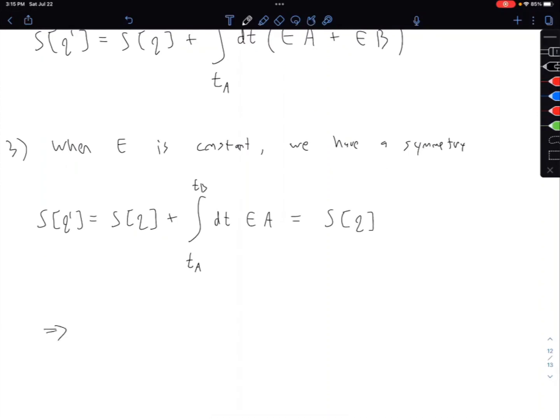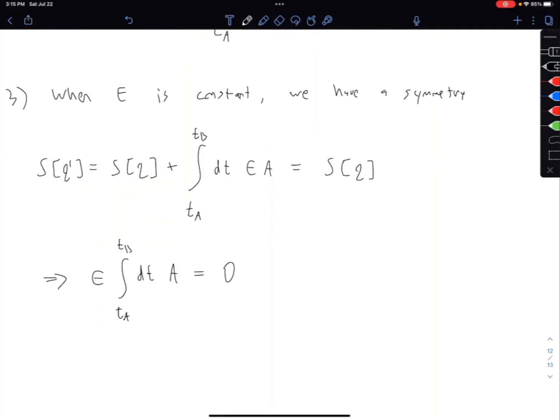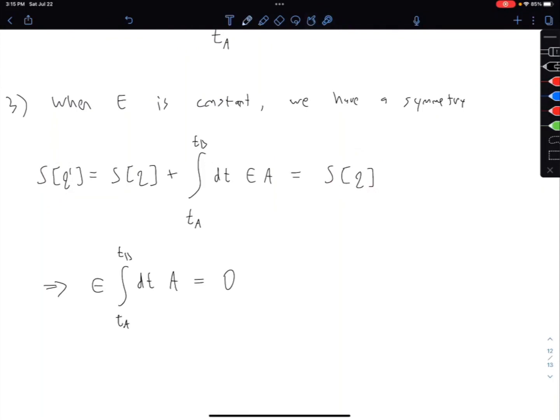But what that means is that epsilon, remember epsilon is constant now, so I can take it out of the integral, equals 0. Now, this is a symmetry regardless of the path, right? Because remember, what we meant by symmetry of the action was that any path, if I deform it, is unchanged in its value of its action. And that statement doesn't depend on what these time bounds are. I could consider some very short trajectory. So that means that A itself is 0.